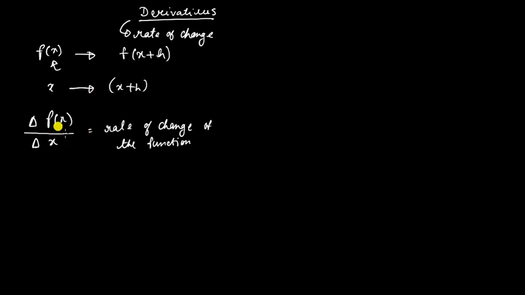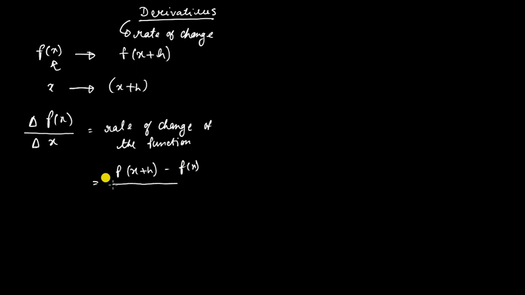So think about it. If I just want to know what this is, then we can just directly put all this in. The function became this, and earlier it was this. So delta f of x would become f of x plus h minus f of x, right? Because it was this and it became this, so the delta of f of x is this. That is the change in the function, right?